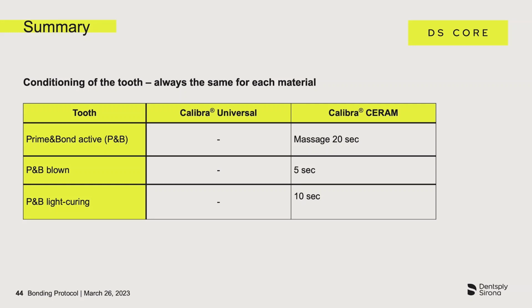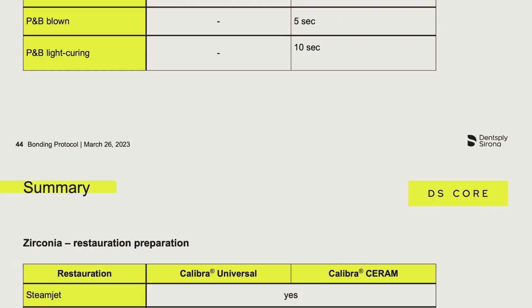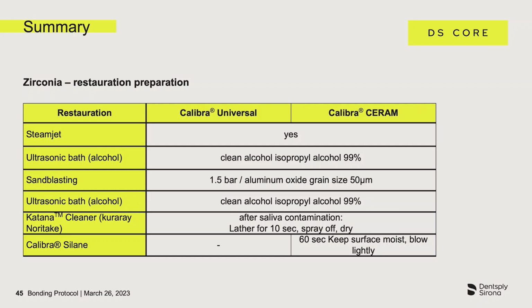If we use Calibra Ceram as a fully adhesive composite cement, Prime and Bond Active must be massaged onto the tooth surface for 20 seconds, then blown and light cured. Cleaning with a steam jet should always be carried out independently of the material. Likewise, cleaning in an alcohol ultrasonic bath.